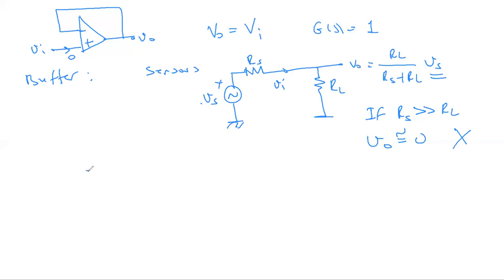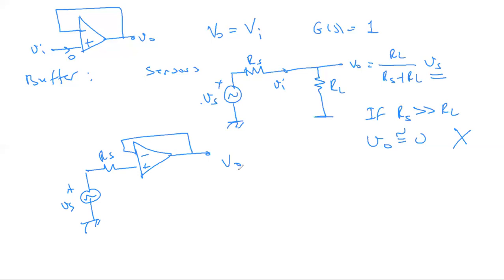To avoid that, the loading effect is eliminated by this buffer circuitry. So we know that V0 is equal to V plus, and V plus is equal to Vs. Why?